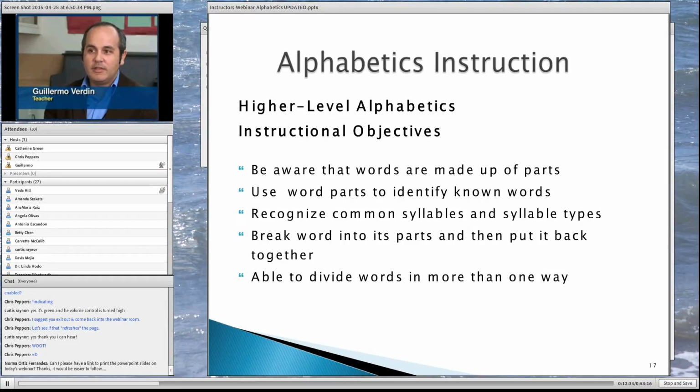And that includes recognizing common syllables and syllable types so that our readers can break the word into its parts and then put it back together. And also being able to divide words in more than one way, having some flexibility.